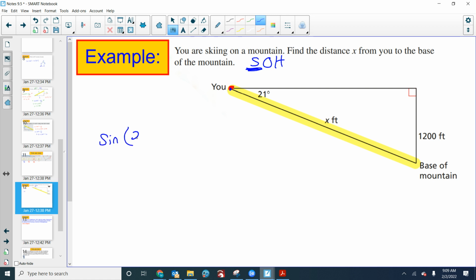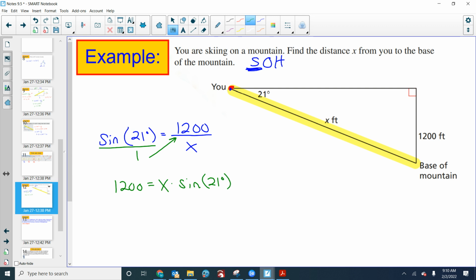I saw the sign. It opened up my eyes. I saw the sign. Is it 1200 over x or x over 1200? 1200 over x. Opposite over hypotenuse. Now this one, you cannot just multiply and be done with it. You got to multiply and then divide because of where x is. 1200 equals x times the sine of 21.